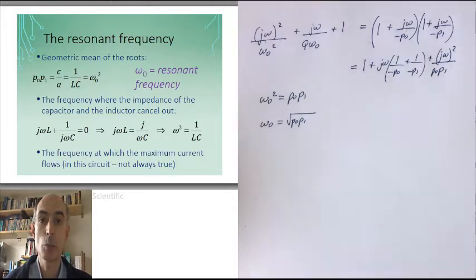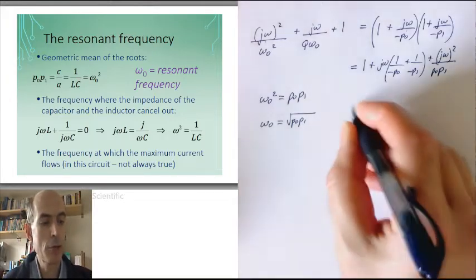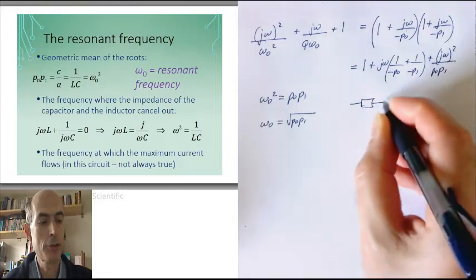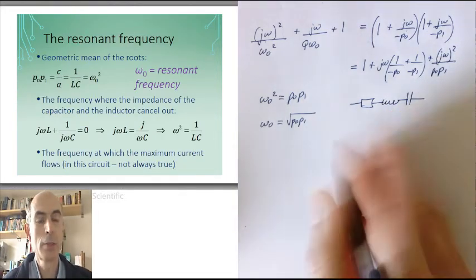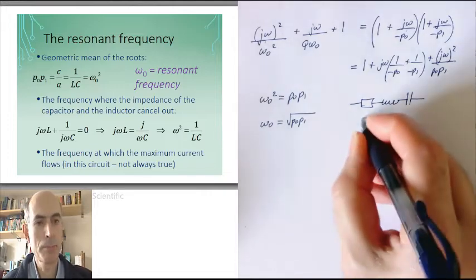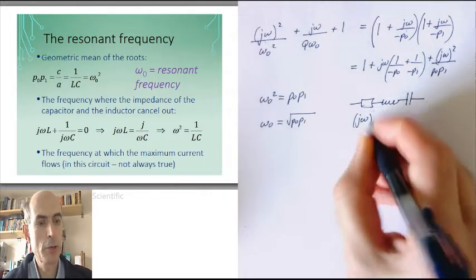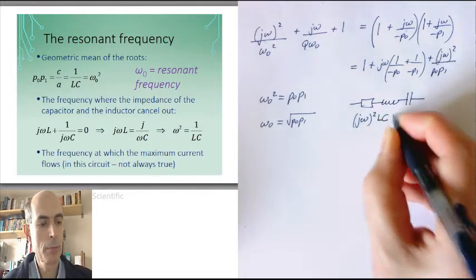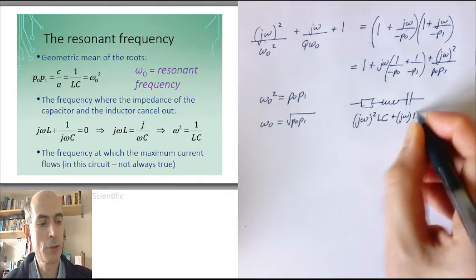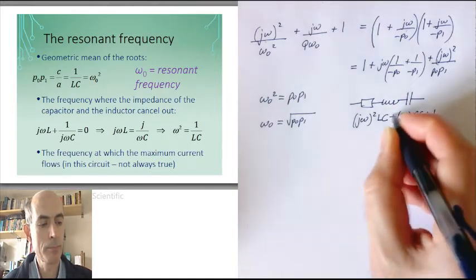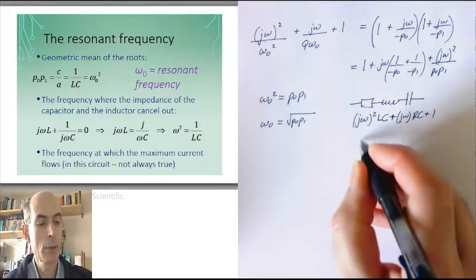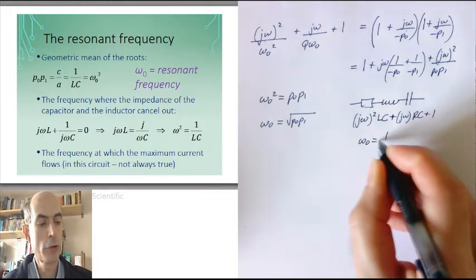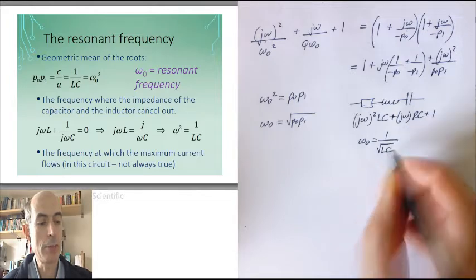Since in the circuit that we were looking at, where you had a resistor, a capacitor, and an inductor in series, the denominator came out to be j omega squared LC plus j omega RC plus 1. And therefore omega naught is 1 over the square root of LC.